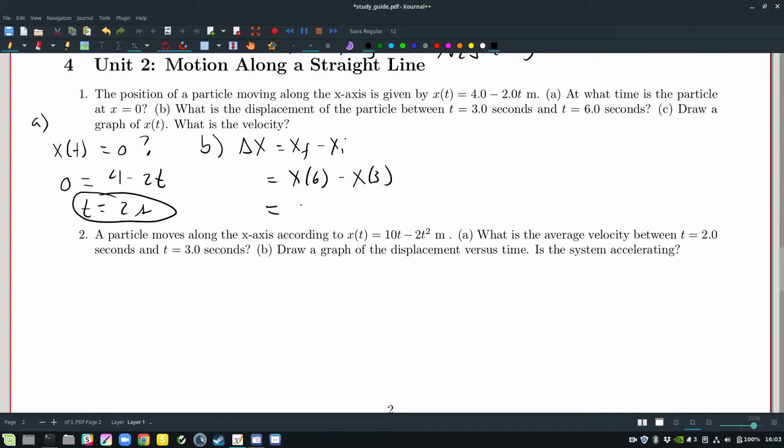And so what we'll get is 4 minus 2 times 6 minus 4 minus 2 times 3. Let's distribute the minus signs. That's minus 4 plus 6. So that there's a 4 and a negative 4. Those will cancel each other. And our displacement will be negative 12 plus 6.